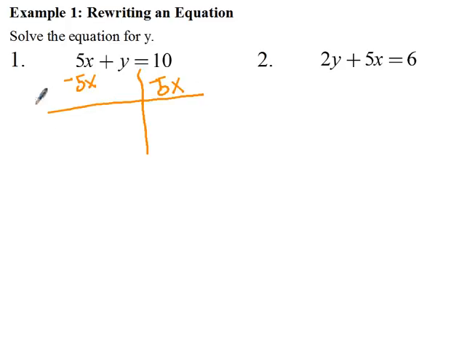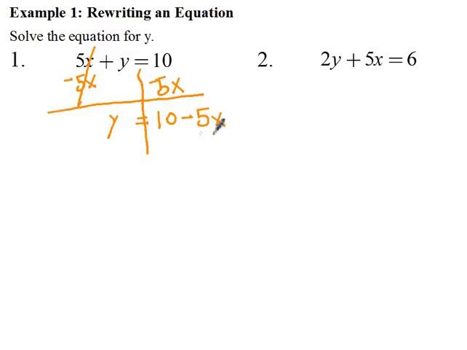5x minus 5x cancels out. You're only left with y equals. Now, 10 and minus 5x, 10's a number, 5x has x next to it, so these are not like terms. We can't simplify them. I want you to leave them just the way it is, so it'll be just 10 minus 5x.